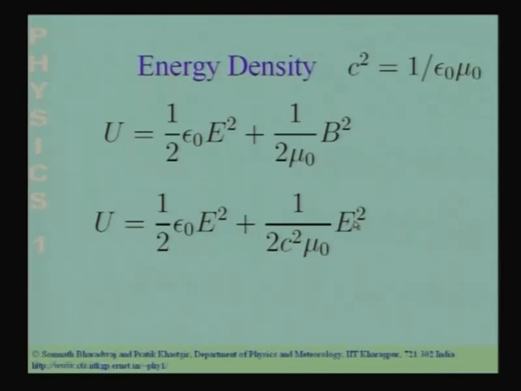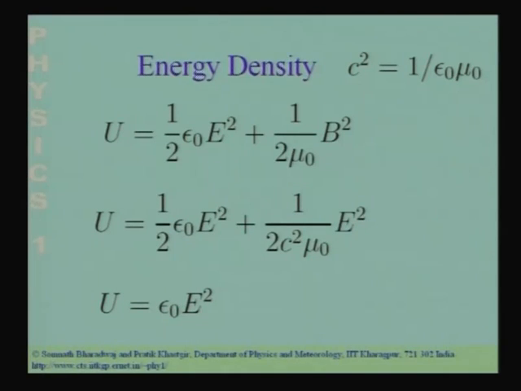We also know that the constants epsilon naught and mu naught are not independent, they are related to c square, and c square is 1 by epsilon naught into mu naught. So, using this expression, we can write the energy density in terms of the electric field as epsilon naught E square. The two terms turn out to be exactly equal. The electric field and the magnetic field contribute the same amount to the energy density, and the energy density is epsilon naught E square.